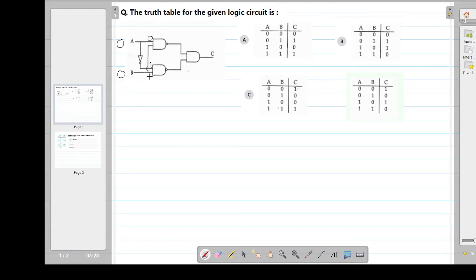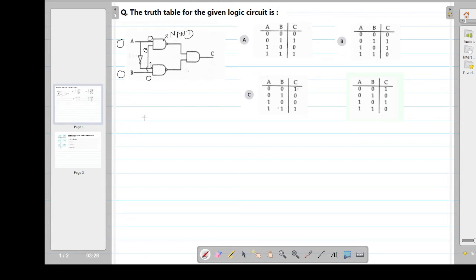From B, 0 is directly transferred, and this B is also transferred to this gate. So we have gate number 1 and 2. The inputs are interconnected, and the zeros flow into the NAND gate. This gate is the symbol of a NAND gate.